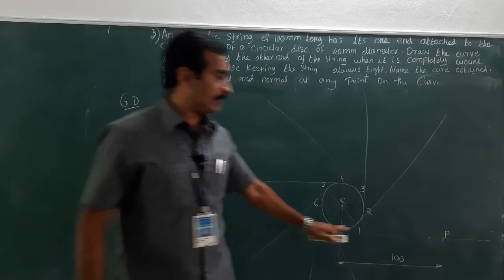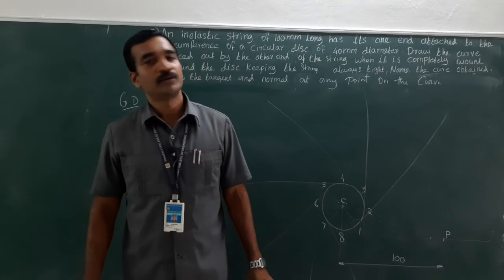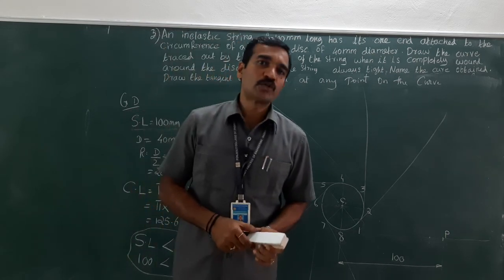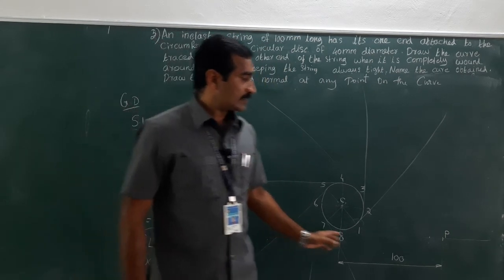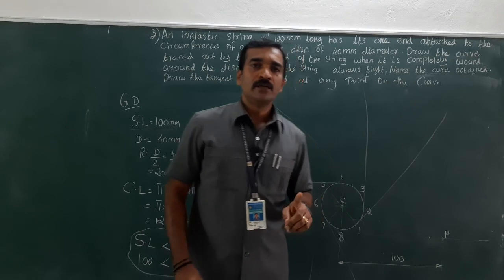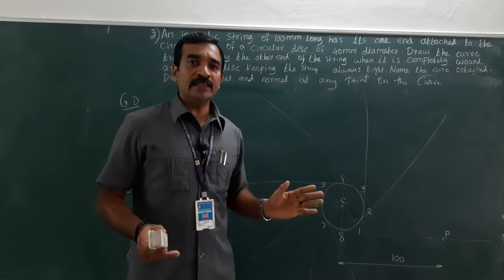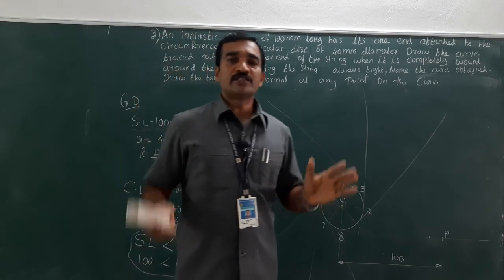Can this 100 be divided into 8? No, you should not do it. In the previous lecture video I also taught you that the string length should not be divided into 8 equal parts, unless the string length and the circumference length are equal.